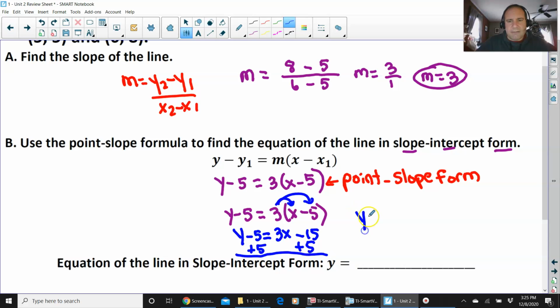And I get y equals, actually I'll put it down here because this is slope-intercept form. y equals, this cancels, 3x minus 10. And that is slope-intercept form because it has the slope and the intercept in it. It has the m and the b. Slope-intercept form. This is point-slope form. So if it asks you for both answers on the test, please make sure that you put both correct answers on the lines.